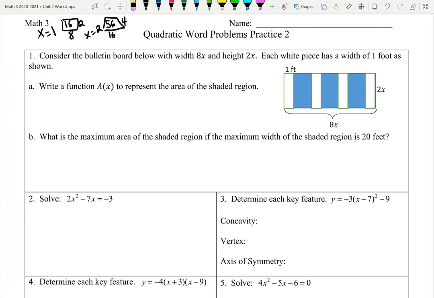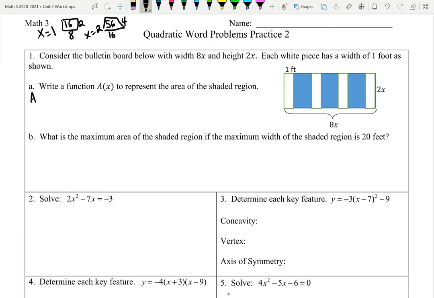So, I need to find the area of just the shaded region. To do so, I have to know what I'm given. I'm given the total, the end game bulletin board. Now it's my job to enact this piece. So I'm going to take the area of the total and I'm going to punch out the pieces. So let's figure out what the shaded region is going to consist of.